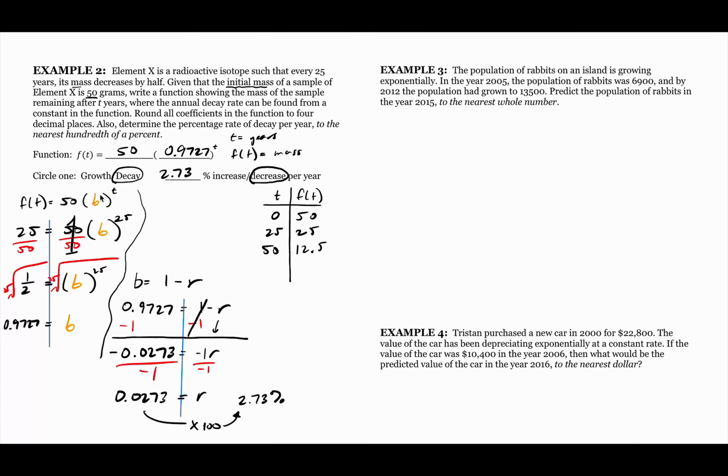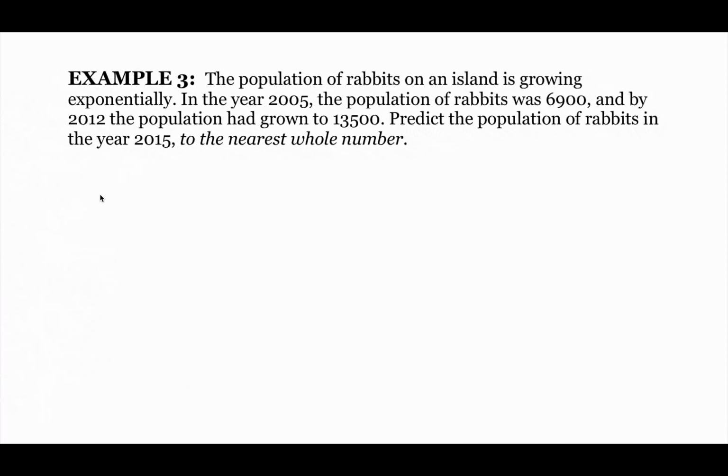All right, so the last two are very similar, but we just have to answer a question. So like number 3. The population of rabbits on an island is growing exponentially. In the year 2005, the population was 6,900, and by 2012, the population had gotten bigger to 13,500. Predict the population in 2015.